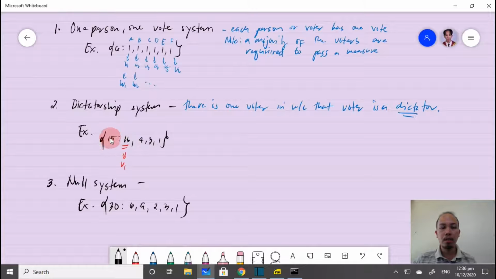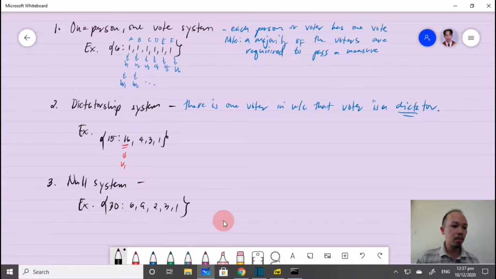So you cannot change 15 to 13 because it is already given that the quota is 15. Do not change anything if the notation for the voting system for number 3, number 2, and number 1 is already given. Do not change the quota. But if it is not given, the quota is computed that way.